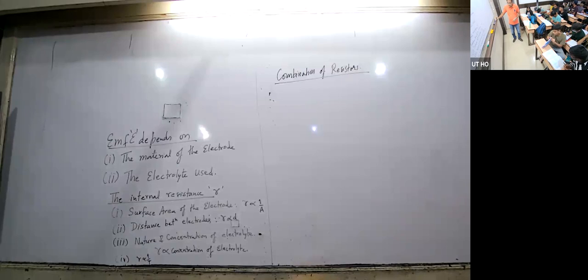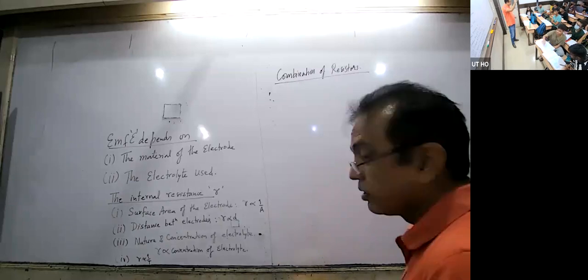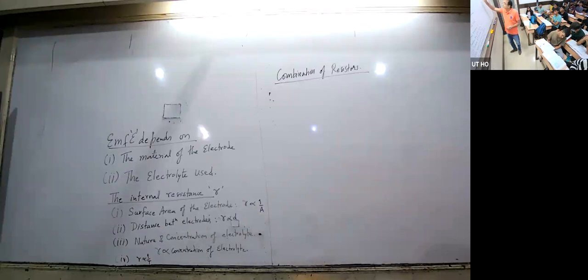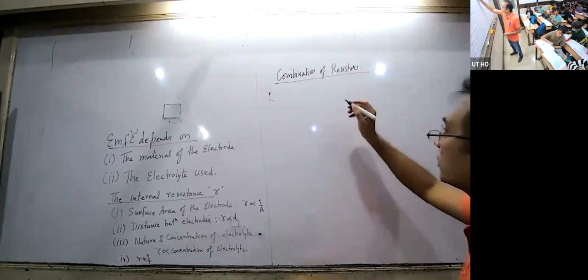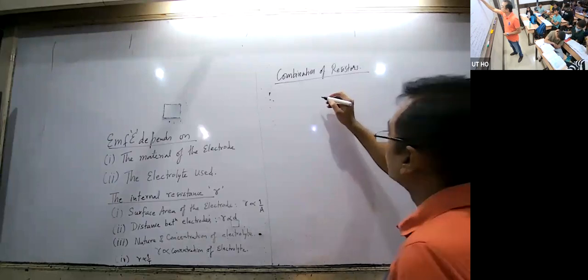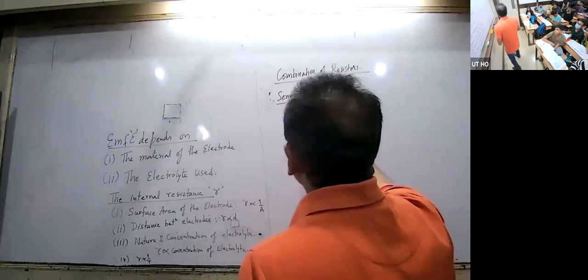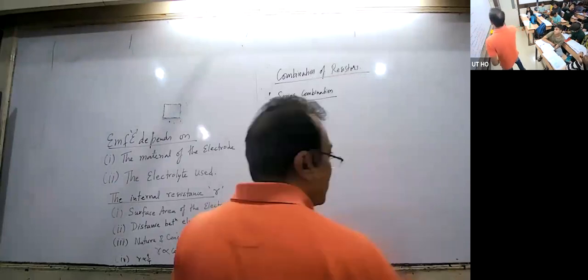Now is combination of resistors. So there are two types in which resistances can combine: series and parallel, right? So first let us understand series combination. So when do we say resistances are combined in series?